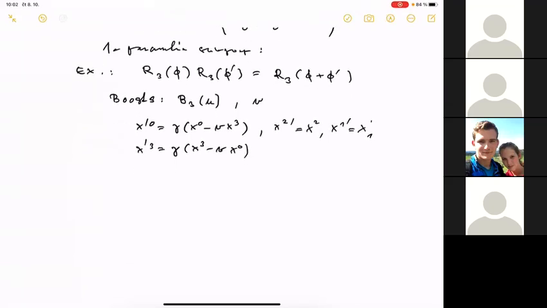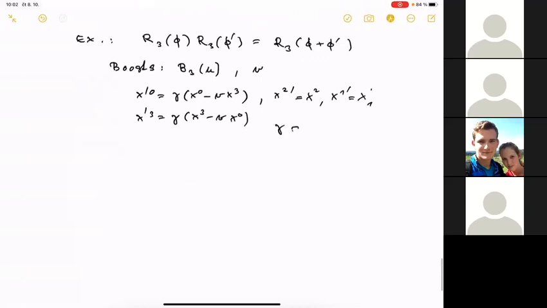So here this gamma is the Lorentz gamma factor, as you know, and the corresponding matrix B3 can be read off from these formulas.